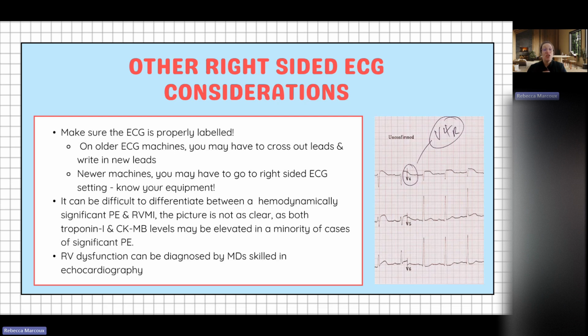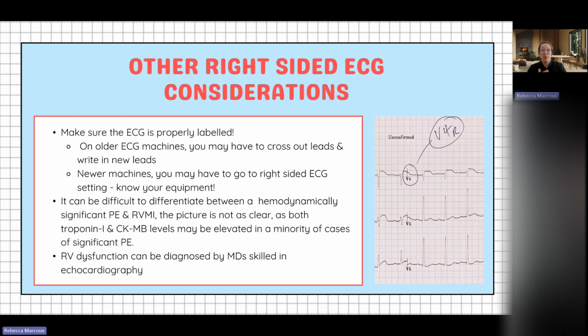If you have newer machines, you likely will have the option to go in and click right-sided leads, and it'll tell you how that machine works and what leads to switch over. So this is where it gets important to know your equipment, because it really depends on what you have available. Where I worked in ICU, they're super old, so if we did right-sided or posterior leads, we literally crossed them out once it printed and labeled them.